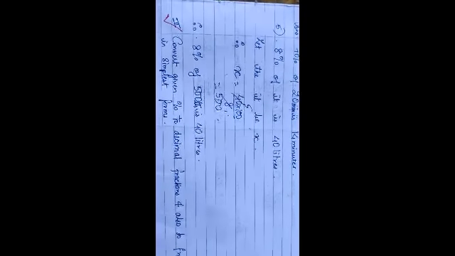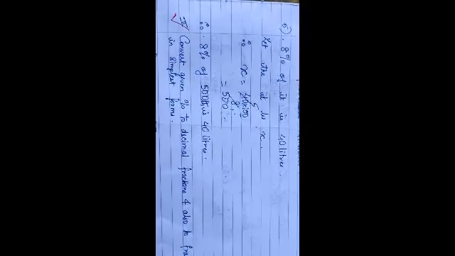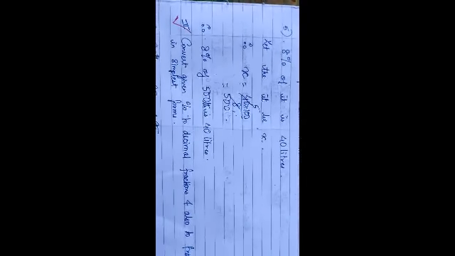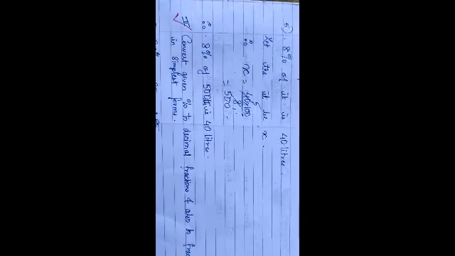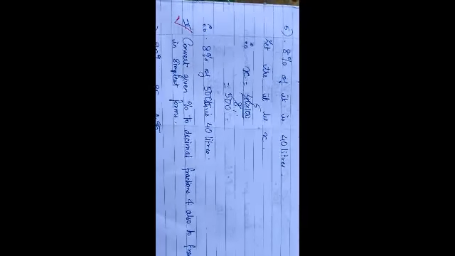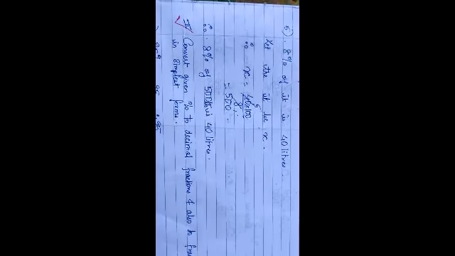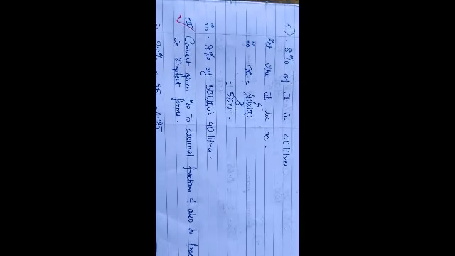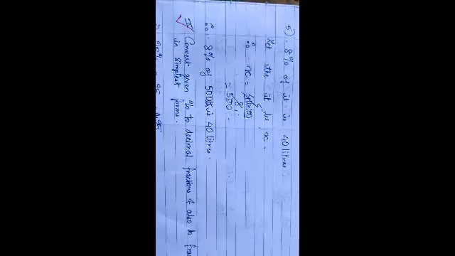Next we have 8% of what is 40 liters. So we'll say let the it be x. So 8% of x is equal to 40 liters. So 8 upon 100 into x is equal to 40. So x is equal to 40 into 100 upon 8. Once you solve it, you get the answer as 8% of 500 liters is 40 liters.